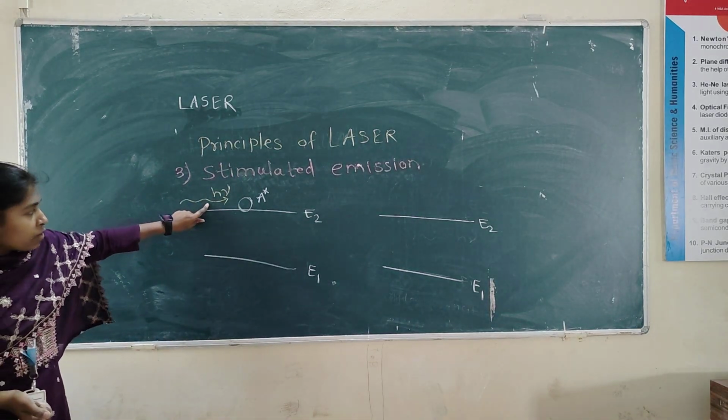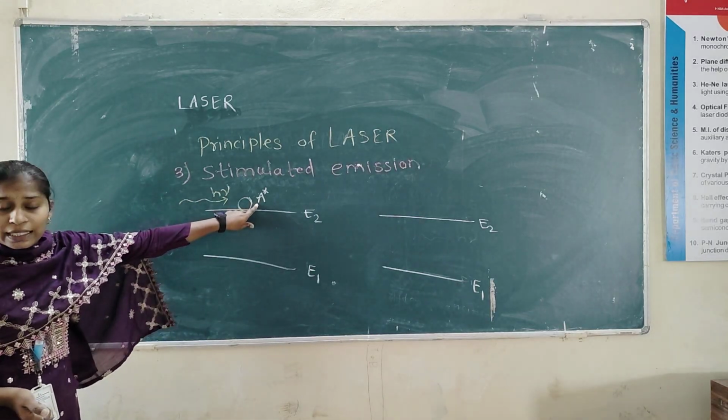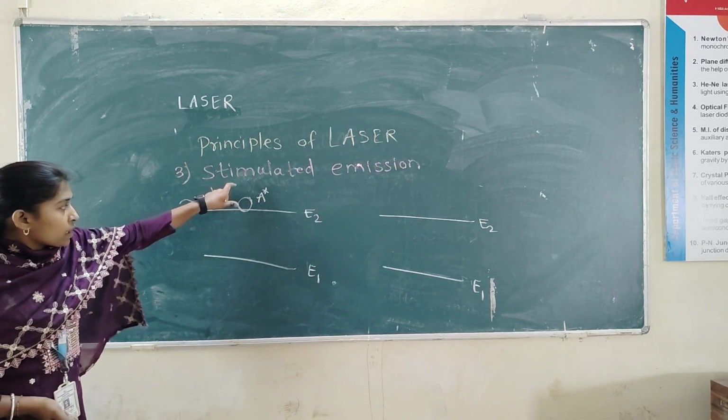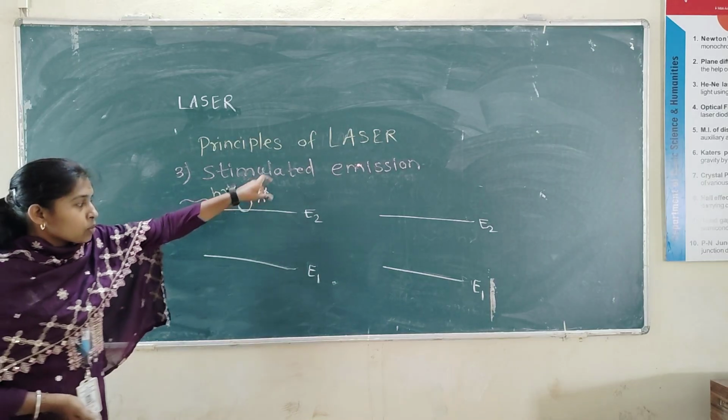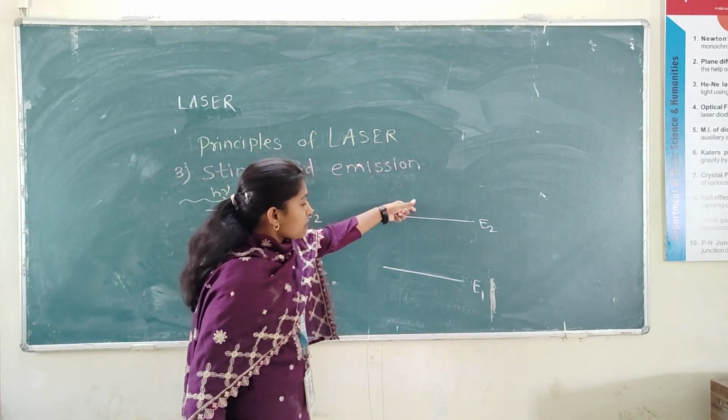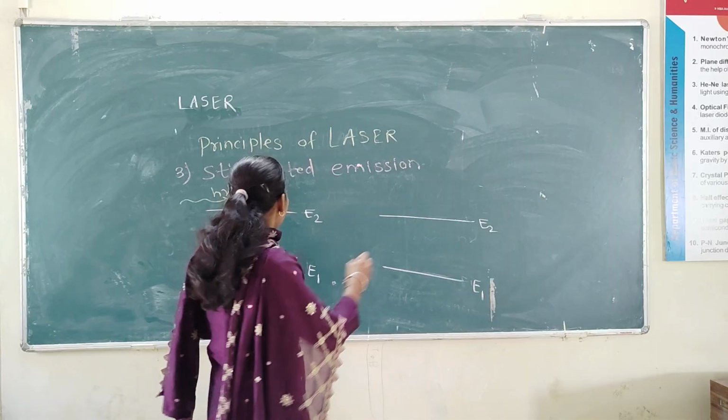A photon of energy h mu is incident on the excited atom. This photon can bring this excited atom in the downward direction, meaning to a lower energy state.